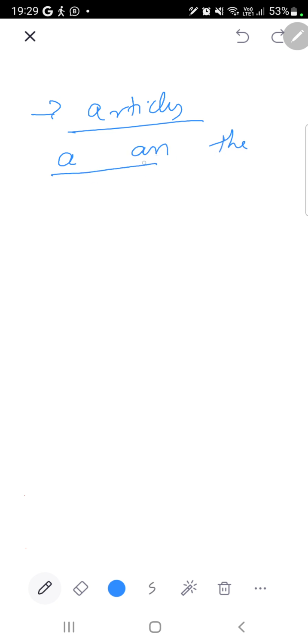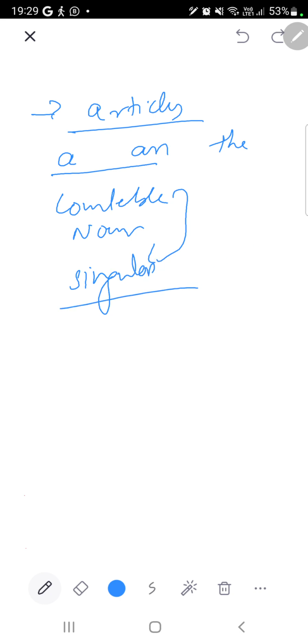Anyhow, the use of articles, where to use a, an and the. When we have a countable noun and if it's singular, we can use the article a with that, and if it gives you a vowel sound, we can use an with that.